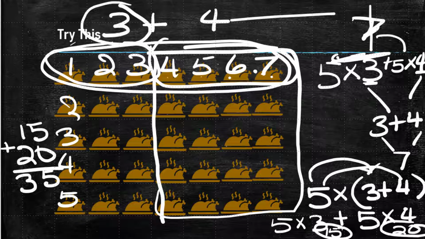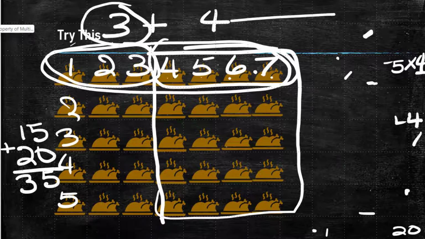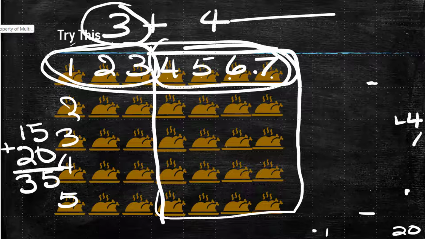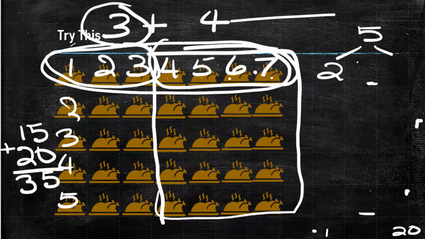Alright, let's try to erase all of that and continue on to the next one. So remember, I can look at it a different way. I can also say, breaking apart the number 5, I can break it apart to 2 plus 3.